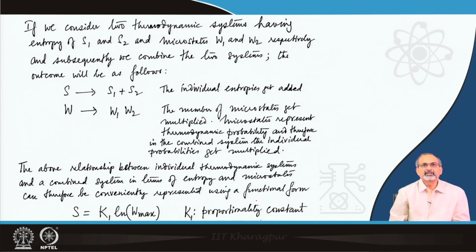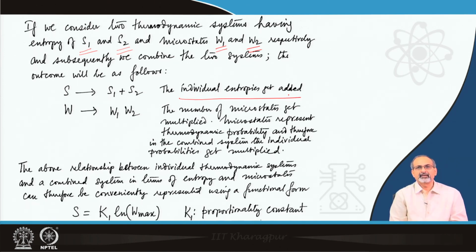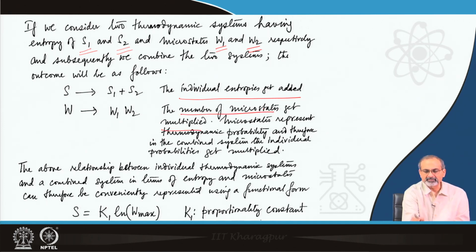Now, if you were to consider two thermodynamic systems having two separate values of entropy, and the number of microstates in the two systems are W1 and W2 respectively, and then you think about combining the two thermodynamic systems into one, then you will find that in the combined form the individual entropies would get summed up, while the number of microstates that would exist in the combined thermodynamic system, they would get multiplied.